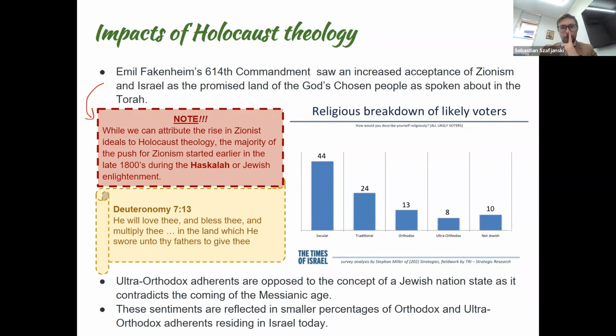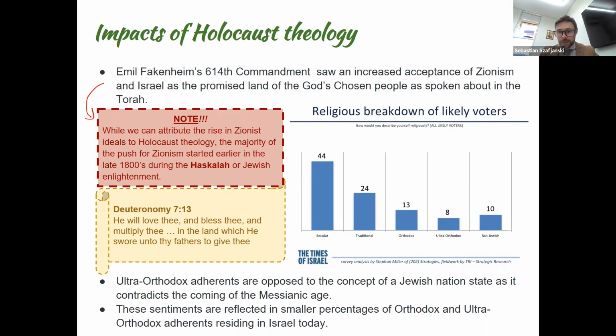Okay, and so what I want you to understand is that this isn't the main thing you want to be talking about. While you can mention it, that's not the fundamental main argument we take out of Fackenheim. It was about the solidarity of the Jewish people moving forward as a people.